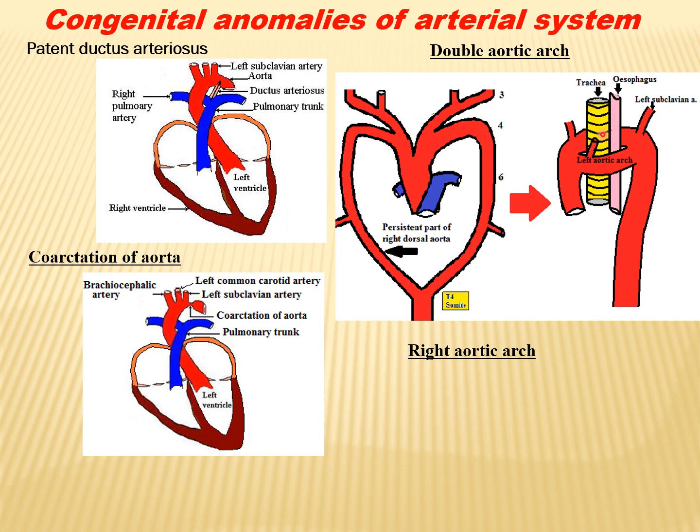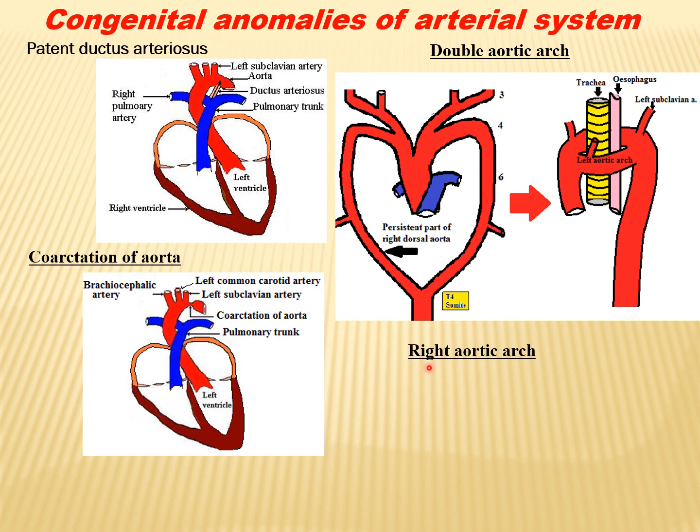The ring surrounds, as you see, the esophagus and trachea, which might be compressed, resulting in dysphagia and dyspnea due to compression of these important structures passing through the aortic ring.